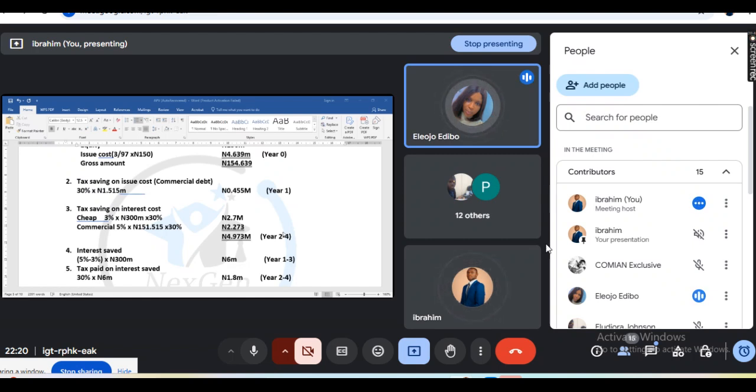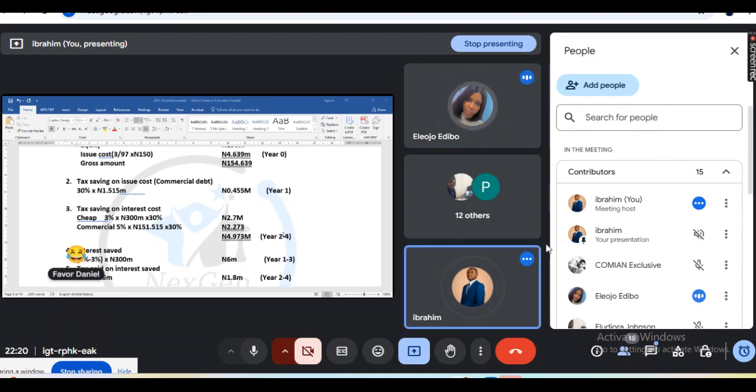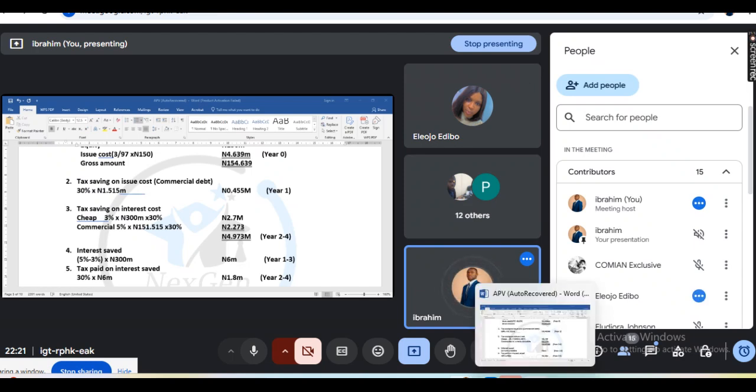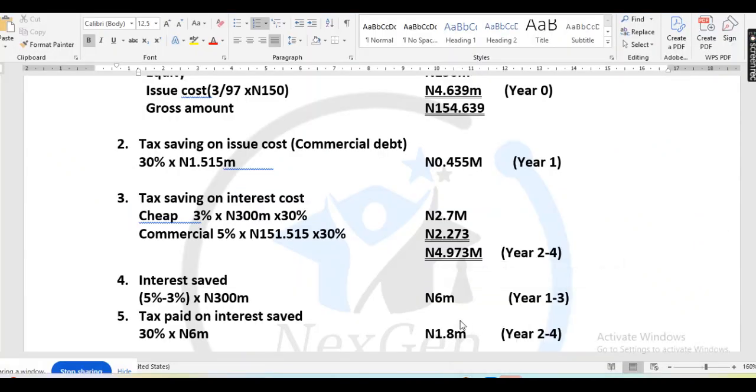Now, the name is Edibo. That's actually my surname anyway. My own name is Eleojo. Okay, Eleojo. I think by the time I call it like 3 to 5 times before we finish, well done.